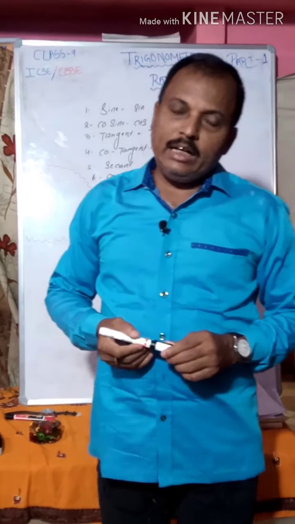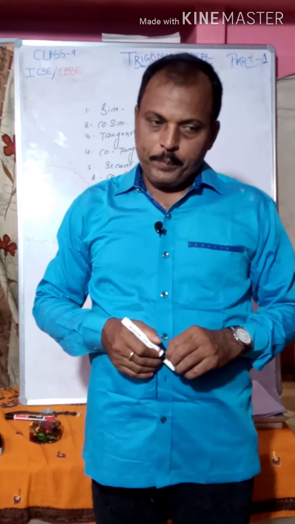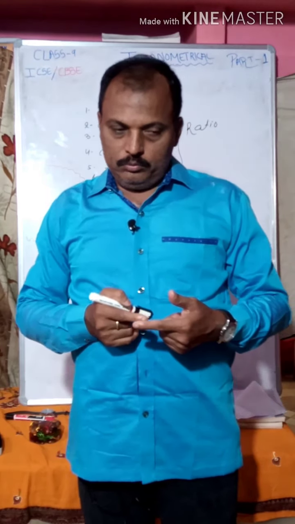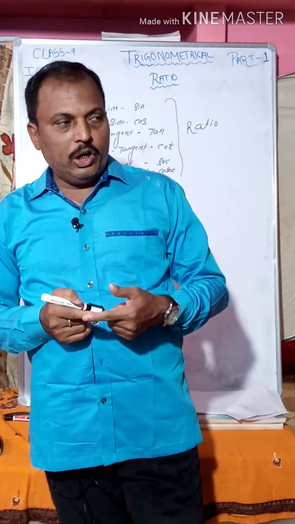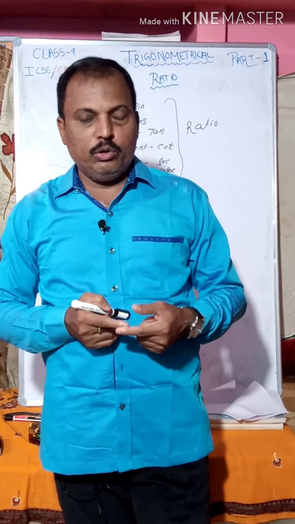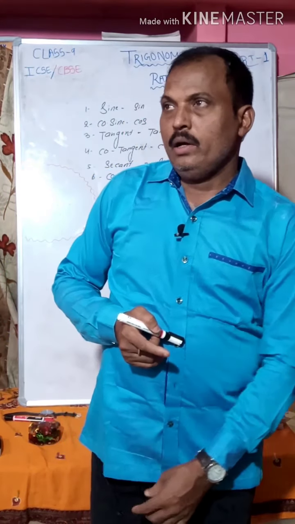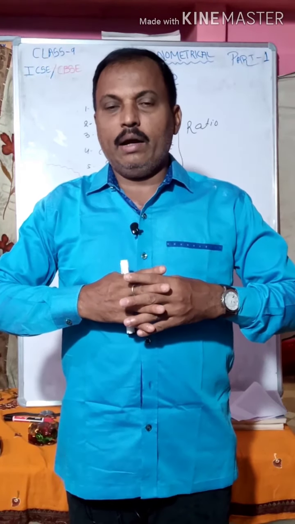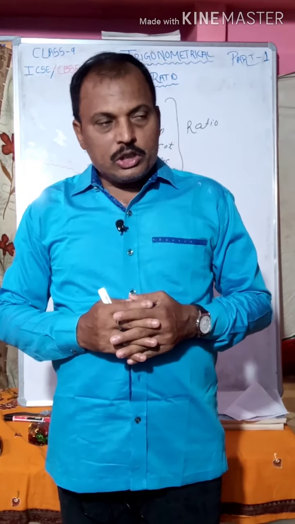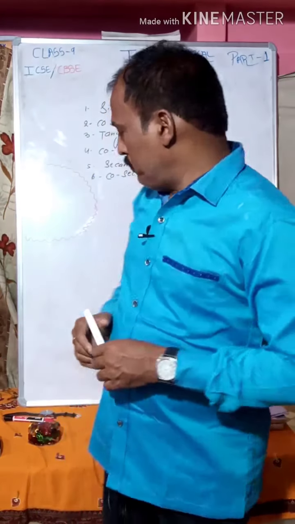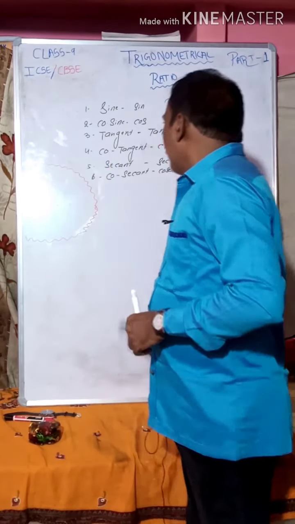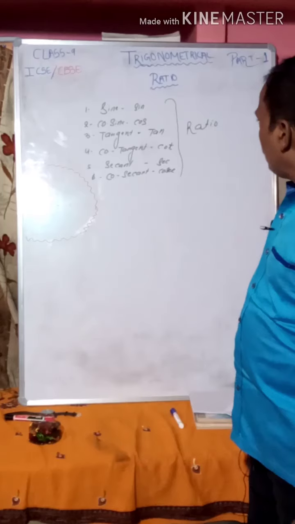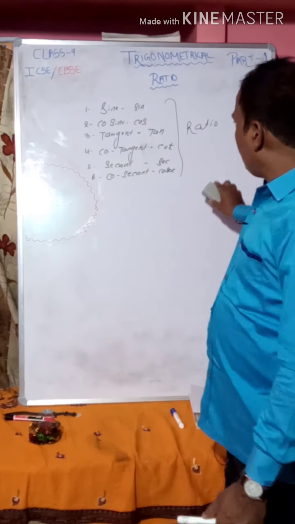But before we discuss the trigonometrical ratios, first we should know what a right angle triangle is and what the relation is between their sides and angles. Now just take a look at a glance, take a screenshot. There are 6 trigonometrical ratios.